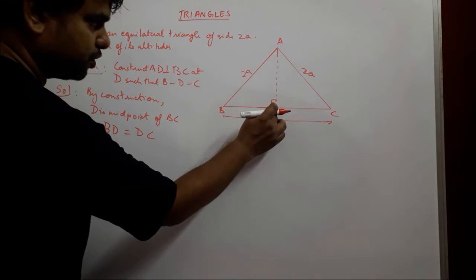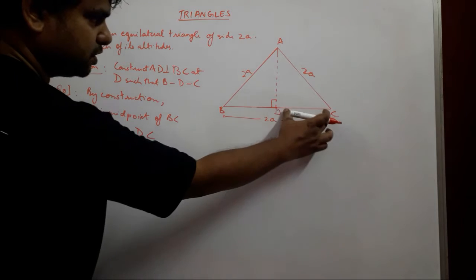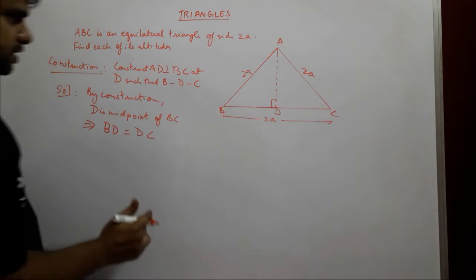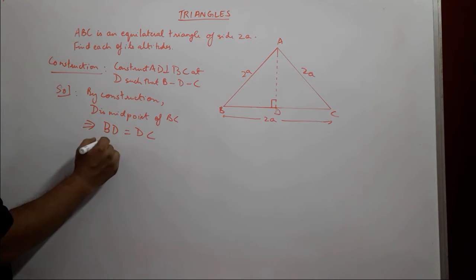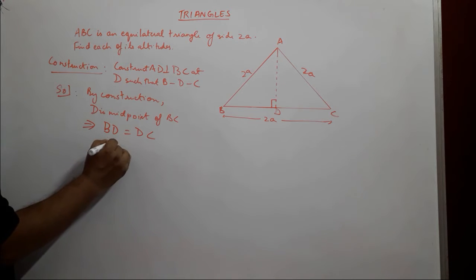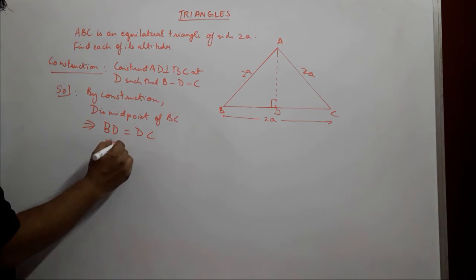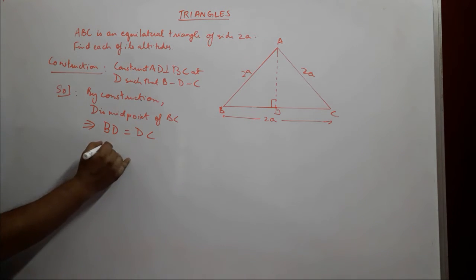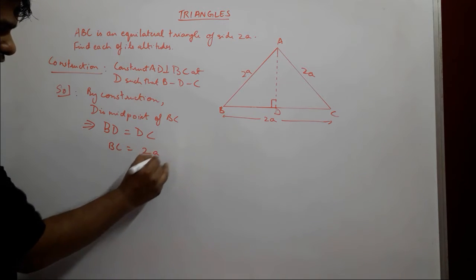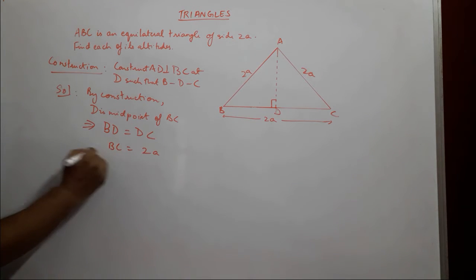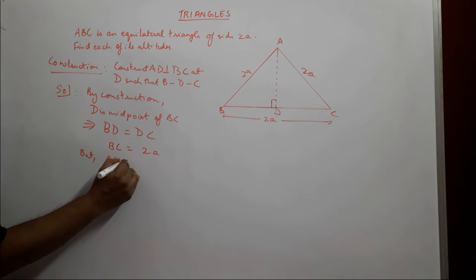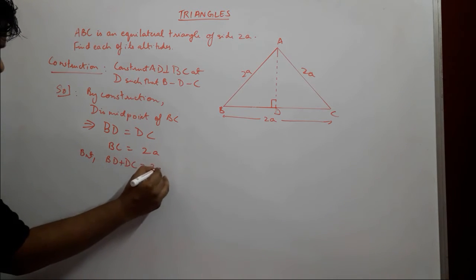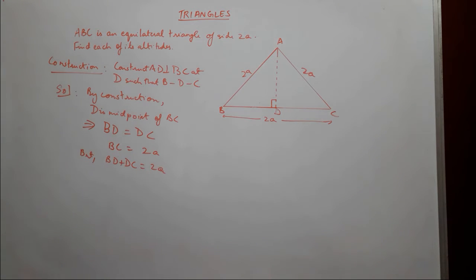So if this is midpoint, that means this part is equal to this part, that is BD is equal to DC. So if you take this entire length BC, it is equal to 2A. BC can be written as BD plus DC equal to 2A, right?